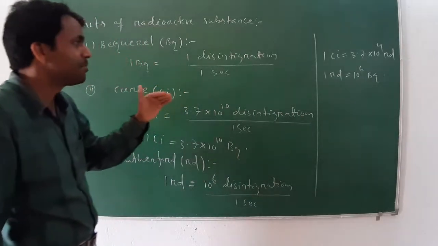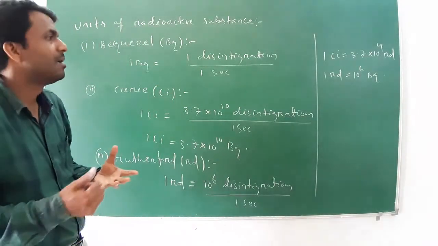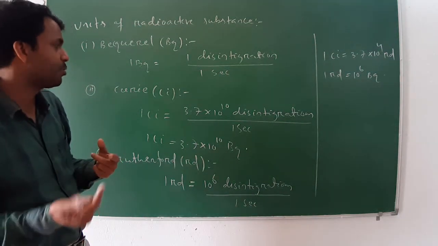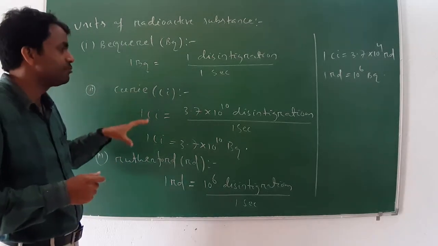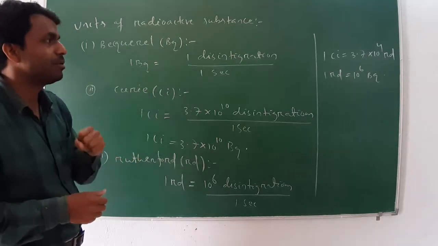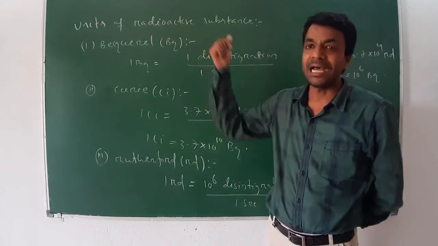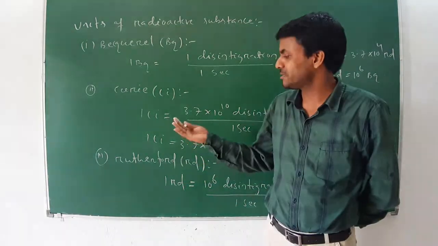You have to remember the different relations between Rutherford, Curie and Becquerel. These are the different units of a radioactive sample or substance, and radioactive samples are measured in either Becquerel or Curie, which is the practical unit, and Rutherford.